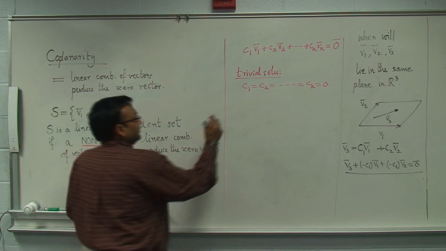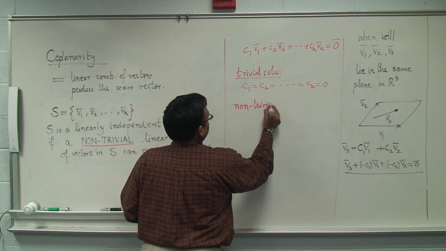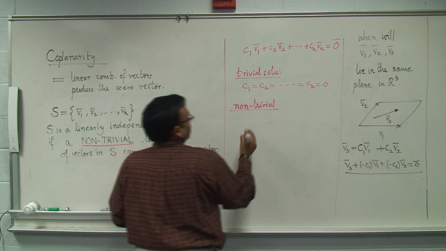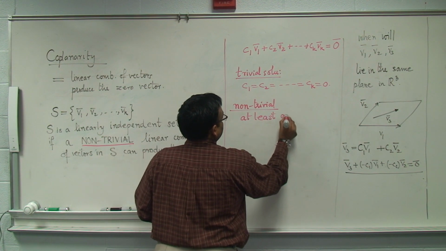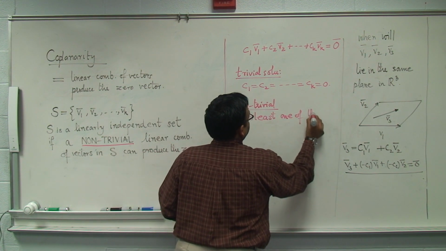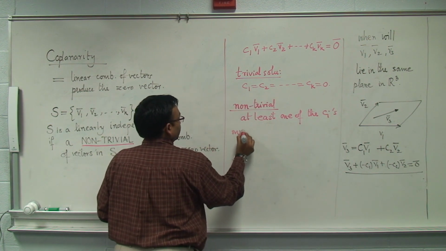So when I say non-trivial linear combination, we mean at least one of the Cis must be non-zero.